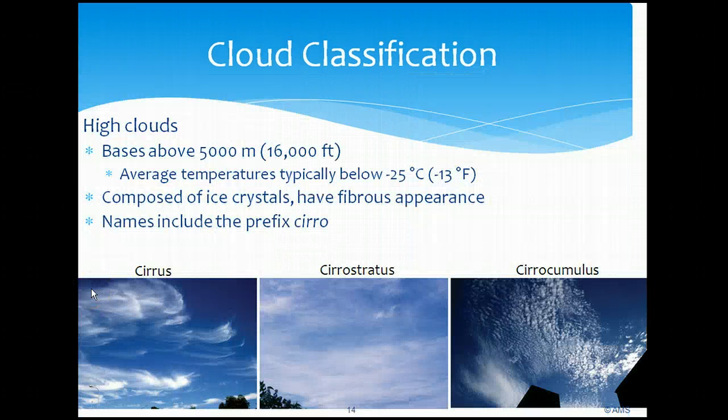Here are some characteristics associated with high cloud classification, and you should get these in your head: they're high, they're cold, and they have a fibrous appearance. So if you see clouds that look like this, they are called cirrus, or have the prefix cirro somewhere in their name.